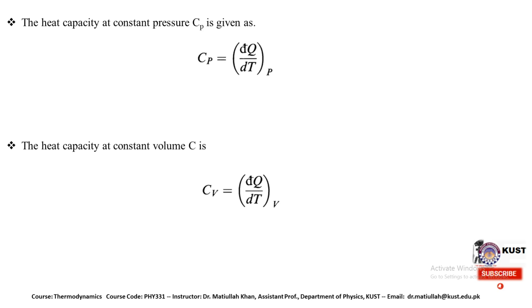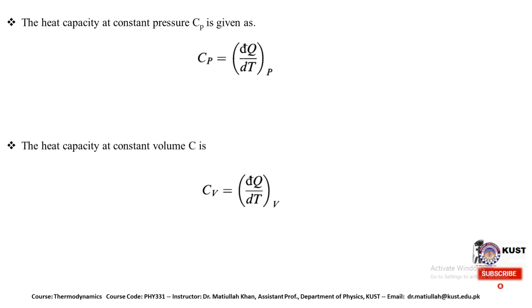We have some other things relevant to the heat capacity, on which we can express the heat capacity, that is the heat capacity at constant pressure and constant volume. There are some restrictions on the system, and due to these restrictions the heat capacity of any particular system could change. Two of the common restrictions are constant pressure and constant volume.